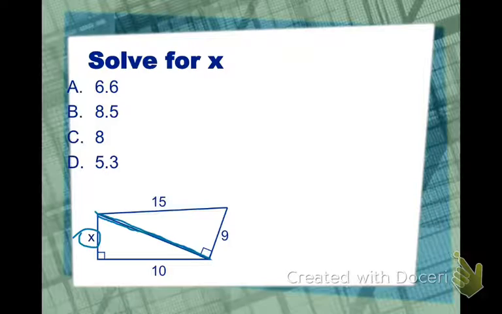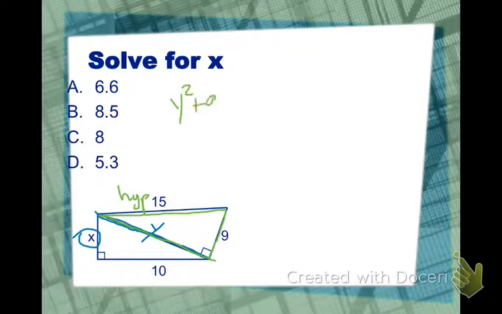So let's call this y, since we've already used x. Now how are we going to find y? You'll notice y is situated in a completely separate right triangle here, and is a leg of that right triangle with a hypotenuse of 15.